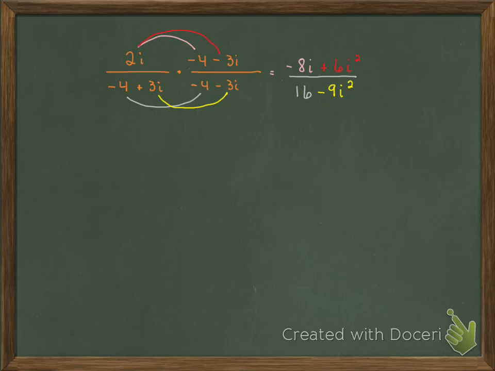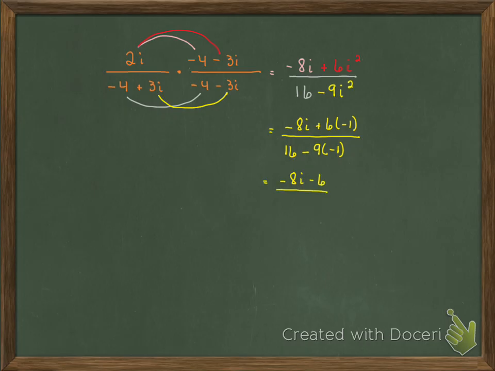Okay, now we're going to deal with the simplifying of the i squared. So we have -8i plus 6 times -1 all over 16 minus 9 times -1. So in the numerator, we've got -8i minus 6.